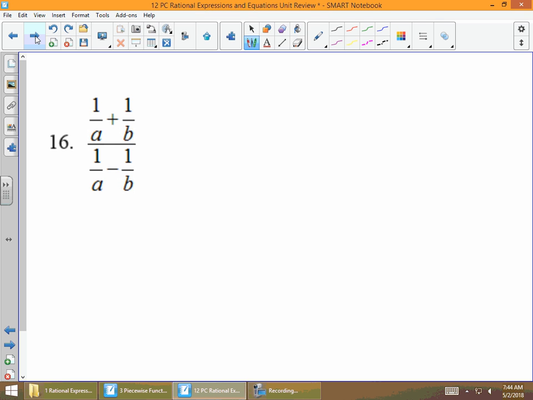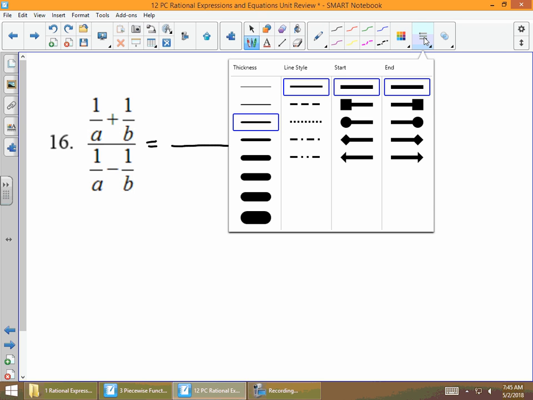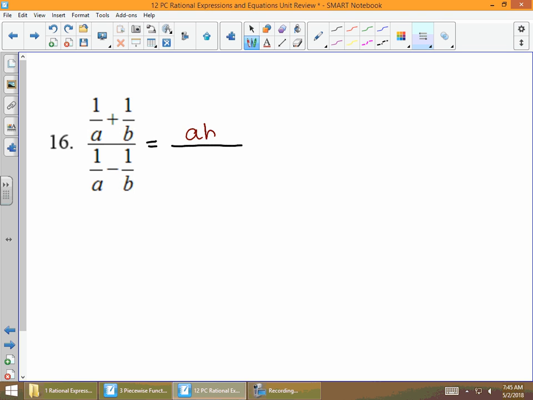Lots of a's and b's here. Again, we need to deal with our numerator and denominator separately until I have a single fraction over a single fraction. In my numerator, my common denominator is going to be AB.